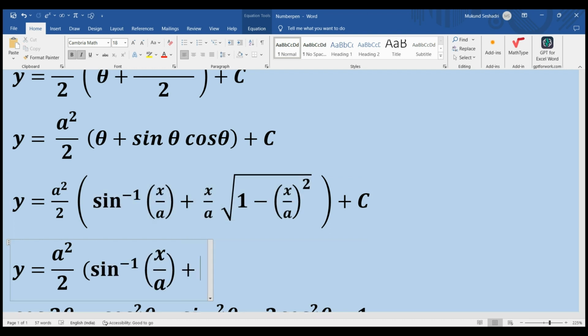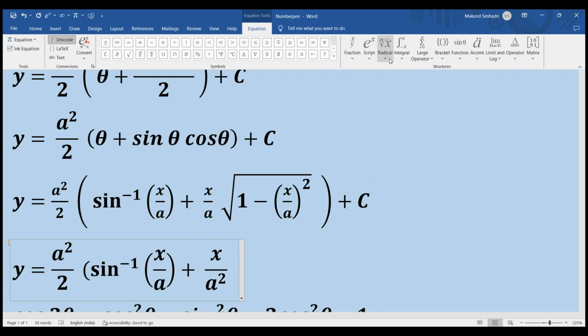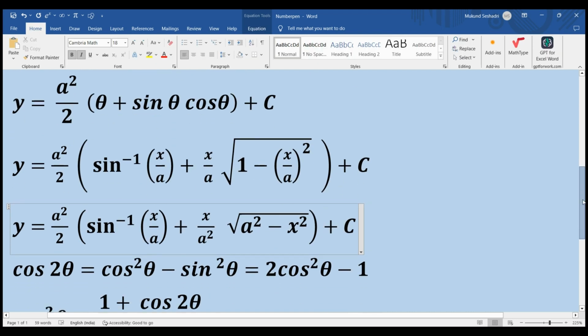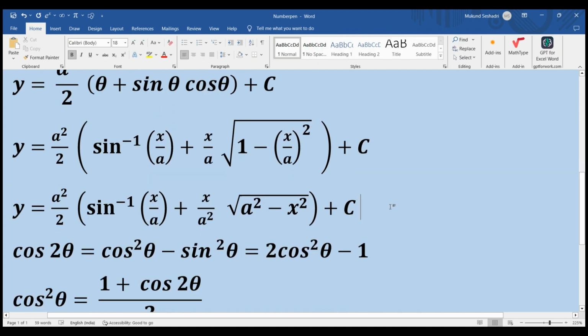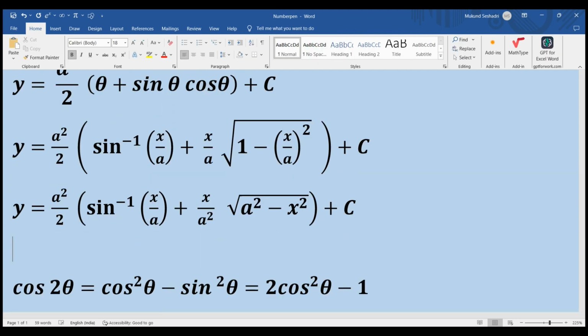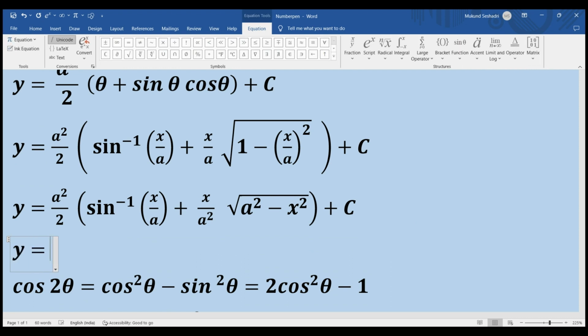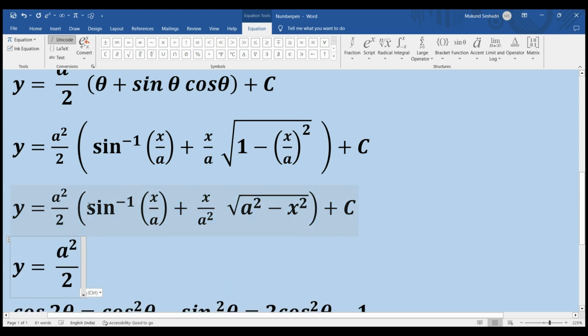What happens is the square root of a square minus x square, right? So this will be my answer for y, and I know that I can re-express this in a slightly different way. If I take the a square inside, then what happens to this expression? The first part becomes a square by 2 times sine inverse of x by a, right?